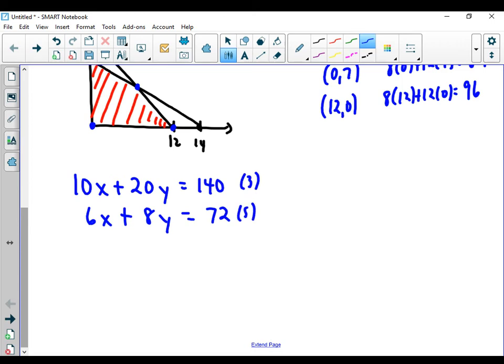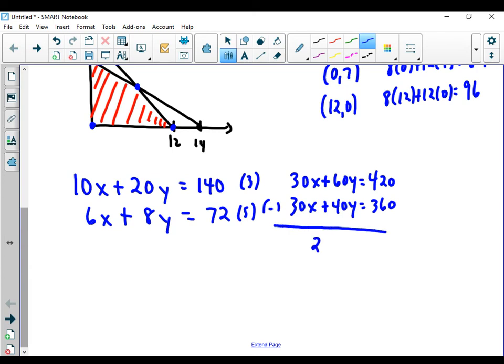So if I did that, I now have 30x plus 60y is equal to 420, and 30x plus 40y is equal to 360. And now I can subtract these two. When I subtract them, I'm going to have 20y equal to 60, and I find out that y is equal to 3.